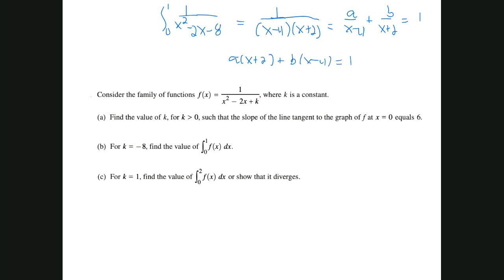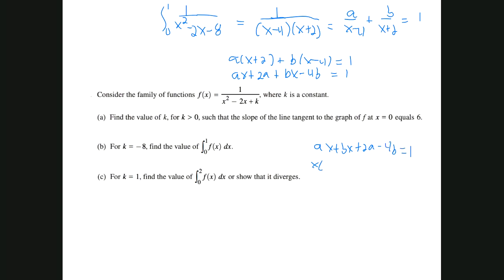Then we multiplied through with the a, so I came up with ax plus 2a plus bx minus 4b is equal to 1. We got all of our x's on the same side, so I'm going to work down here. I ended up with ax plus bx plus 2a minus 4b is equal to 1. Then I factor an x here.